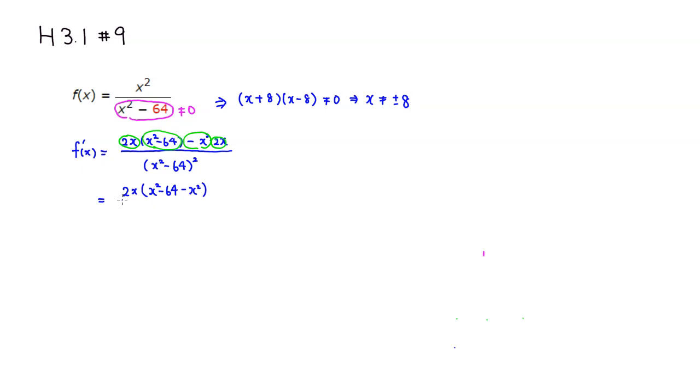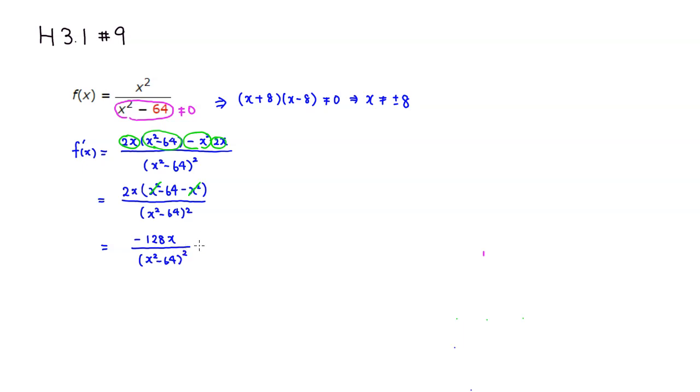The denominator is still the quantity x squared minus 64, squared. Then we can luckily cancel x squared minus x squared, and clean it up. Combining negative 64 and 2x, it's going to be negative 128x over quantity x squared minus 64 squared.